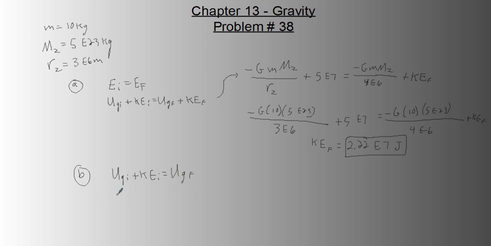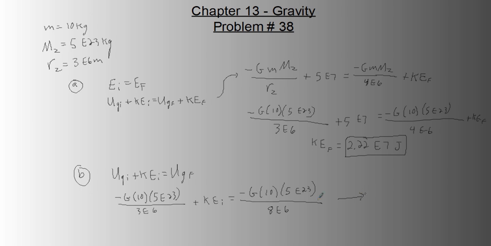So this becomes, this is the same as before, negative G times 10. Don't forget that potential energy gravitationally is negative, as we discussed in the notes, and don't forget to not square that. Over 3e to the 6 plus KE initial, what we're looking for, equals negative G times 10 times 5e to the 23 over, what was it, 8 e to the 6 meters.